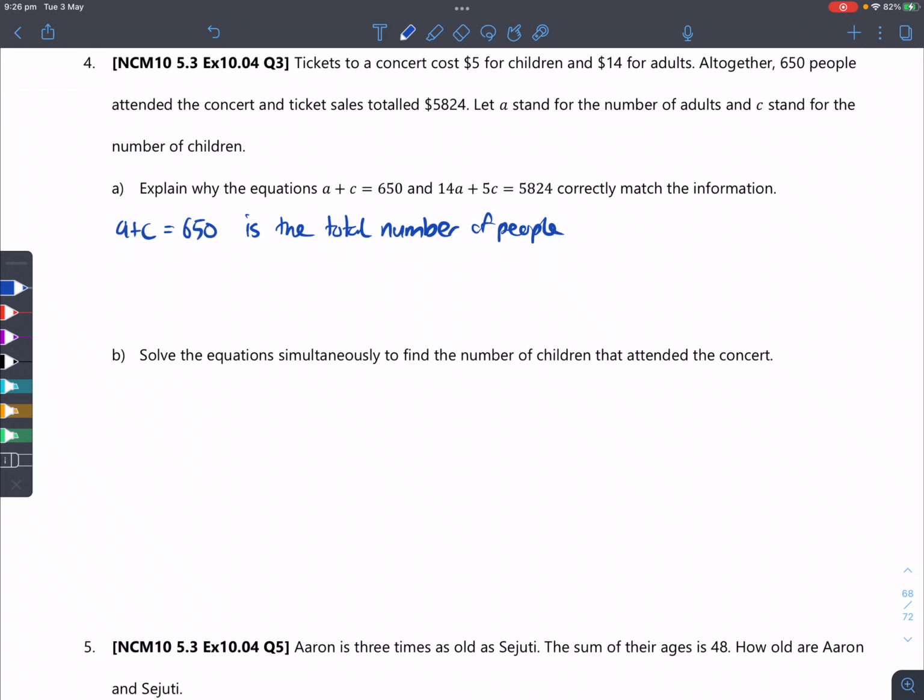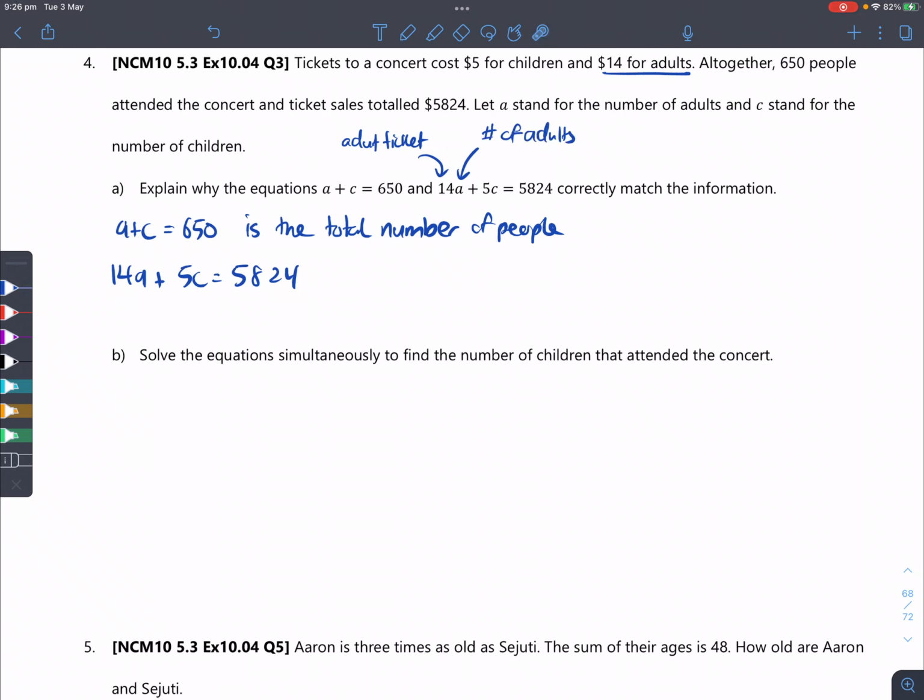Whereas 14A plus 5C equals 5824, that represents the total cost because the 14 here represents the $14 for each ticket. Okay, so that's the adult ticket. And A here represents the number of adults.